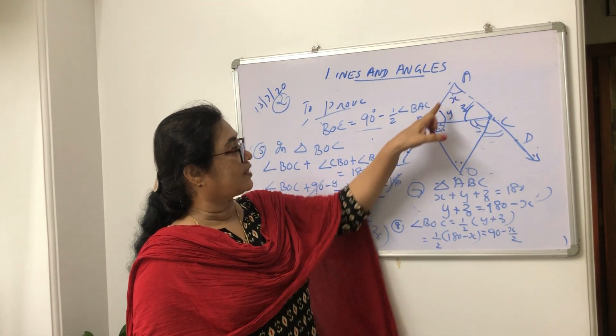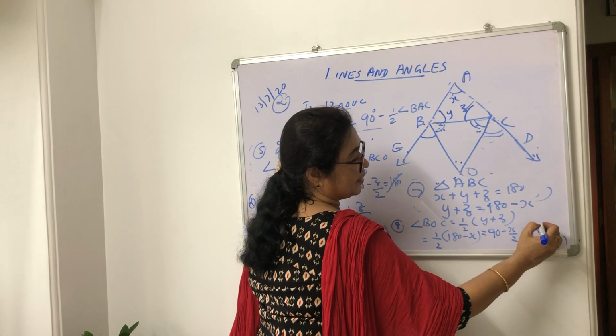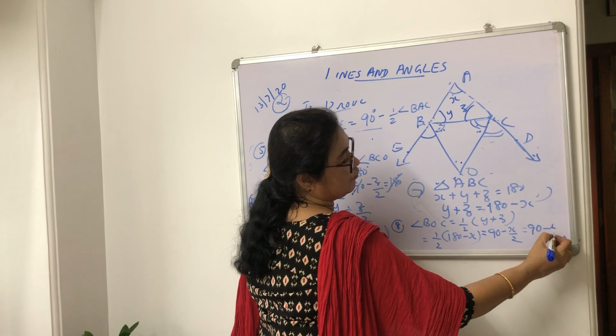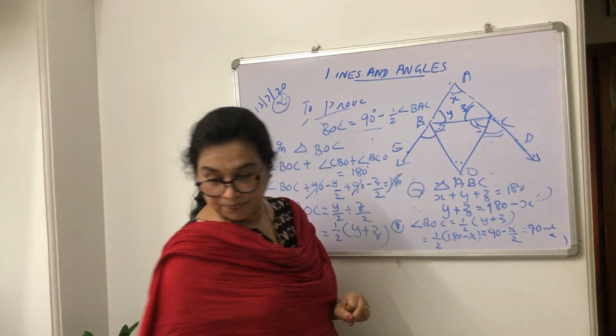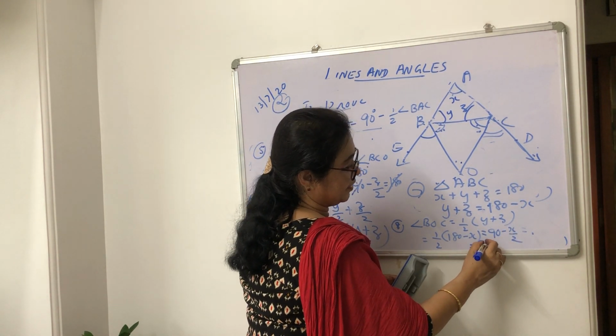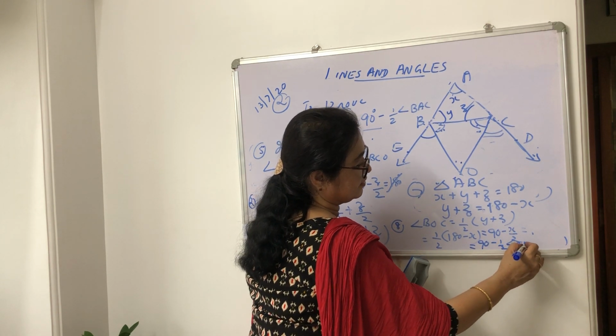What is this X? X is BAC. So it is 90 minus half of angle BAC.